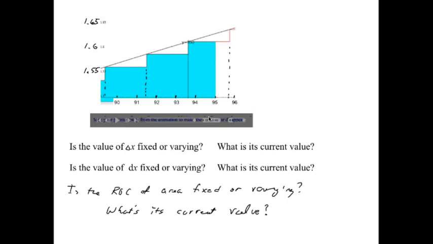Okay, what about the rate of change? Fixed or varying? Yes, sir? Varying. Okay. How is it varying? Because you're using those constant intervals, using the starting interval, so it's increasing. Right. So he's saying as you go from one interval to the next, that rate of change changes. If you said varying and you were thinking of it that way, that's true.